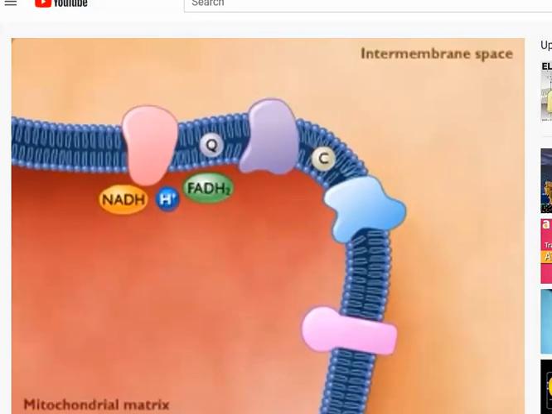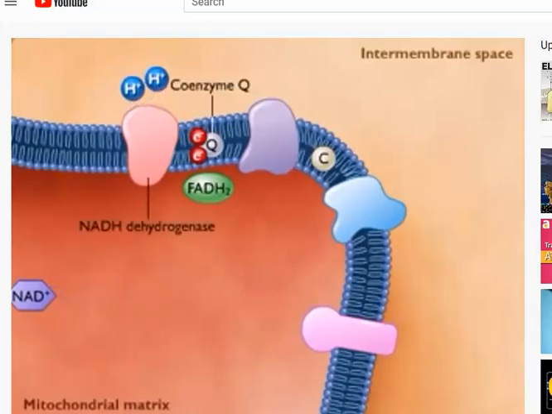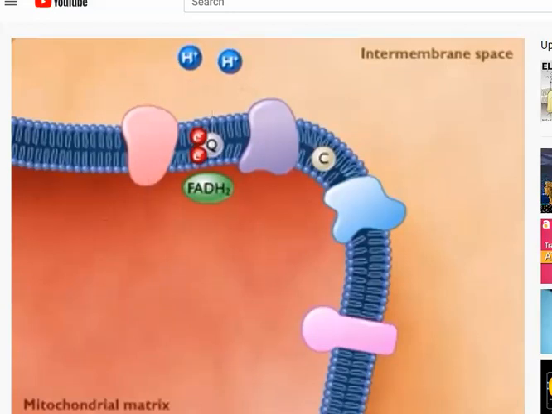Inside the mitochondrial matrix, the electrons from NADH are transferred to the electron carrier coenzyme Q by NADH dehydrogenase, and the protons are transferred across the membrane to the intermembrane space. Coenzyme Q carries the electrons to the cytochrome BC1 complex. As the electrons move from the BC1 to cytochrome C, more protons are carried from the inside to the outside of the membrane.